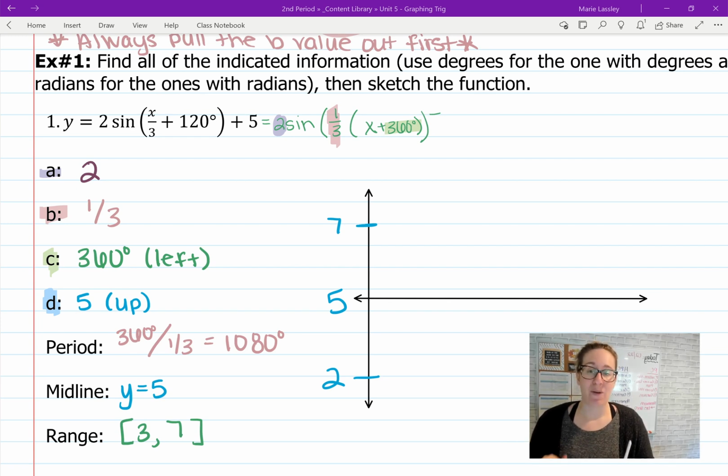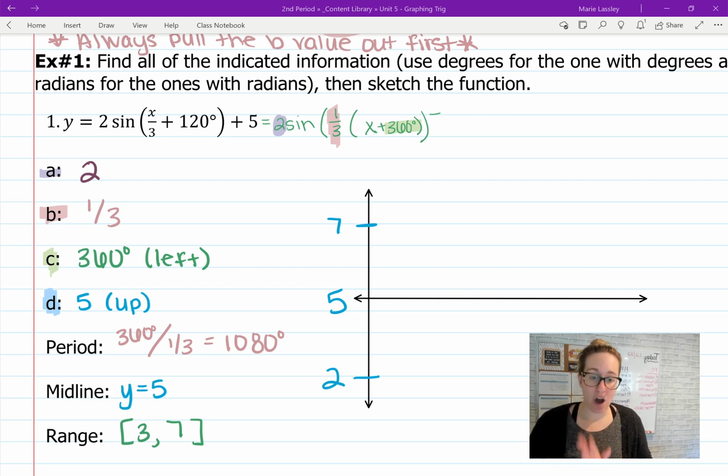Next, we're going to label our x-axis. This is where it's going to get a little strange. Our starting point is going to be wherever our phase shift was. Usually we start at 0, whether it's sine or cosine, our x value is 0. So we're taking that 0 point and moving it by our phase shift, and this is telling us we're going to go left 360 degrees.